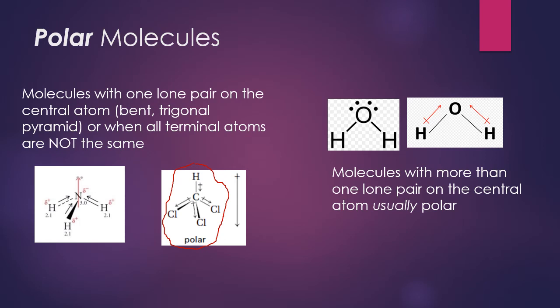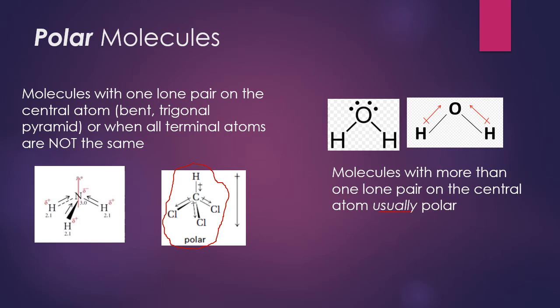The next rule says molecules with more than 1 lone pair on the central atom are usually polar. So most of the time, 90% of the time, but there are some exceptions. Water is not an exception. Water is a polar molecule. You can see in the example, there are 2 lone pairs on that central atom of oxygen, making it polar.